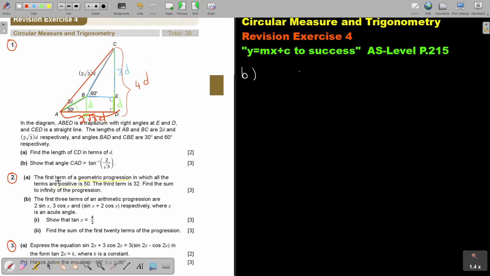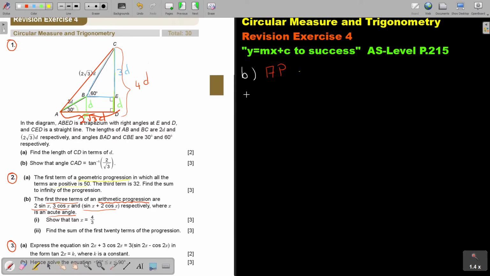The first three terms, there's the first one, the second one, the third one, respectively, where x is an acute angle. Very important. Show that tan x is this. Now, they tell me also it's an AP, and that's very important. So you start by seeing it's an AP.